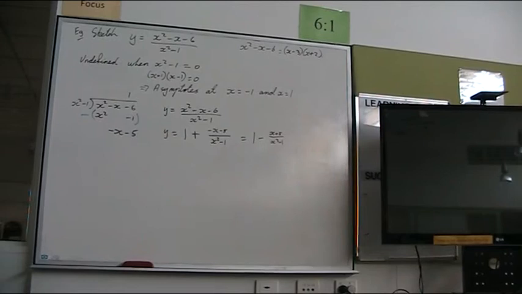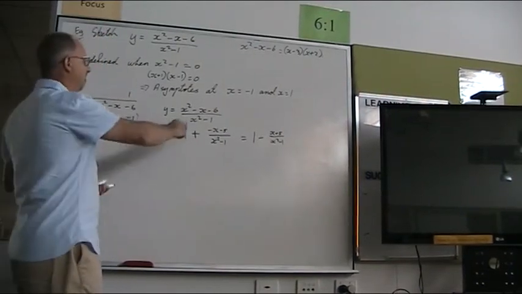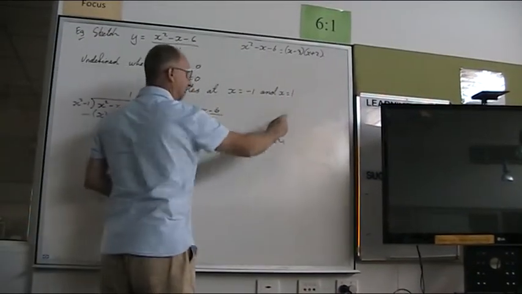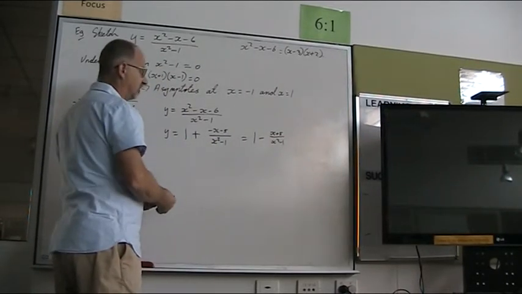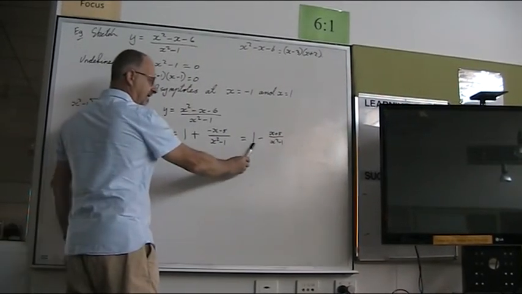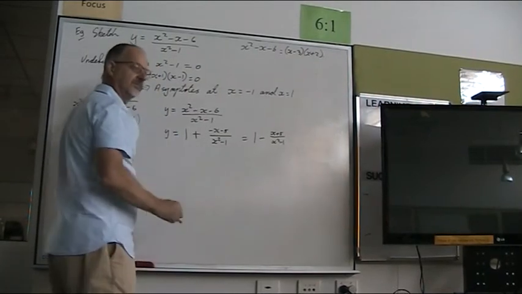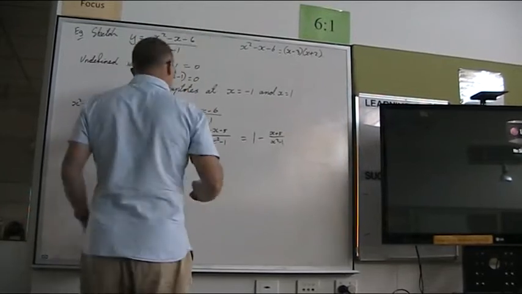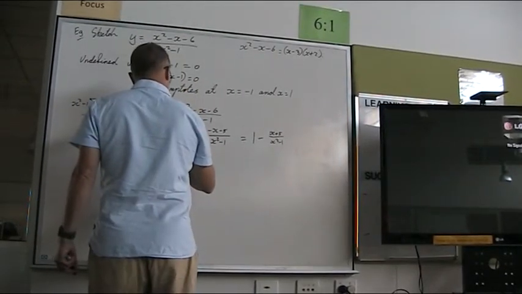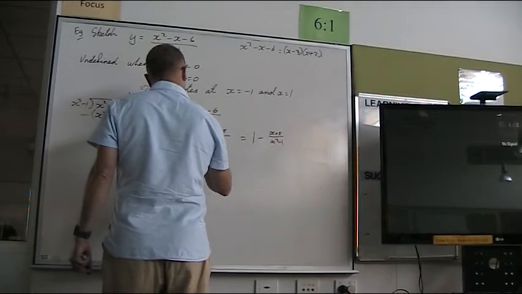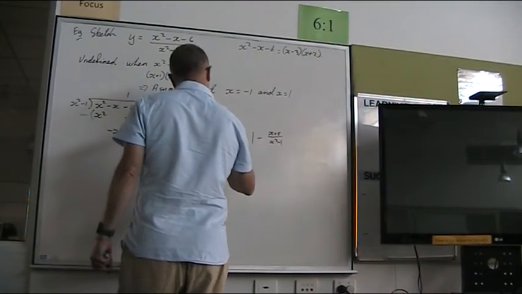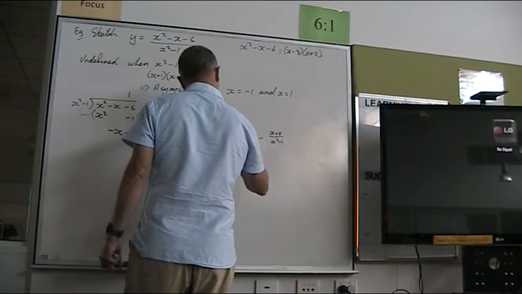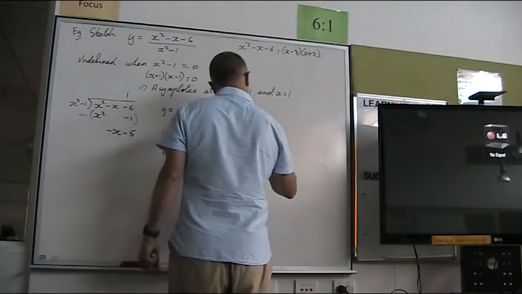Alright, with me so far? Yes? Alright. So we've already determined we've got vertical asymptotes. What else do we know? What does this one here tell us? Horizontal asymptote? Is that what you said? Alright, so horizontal asymptote y equals 1.